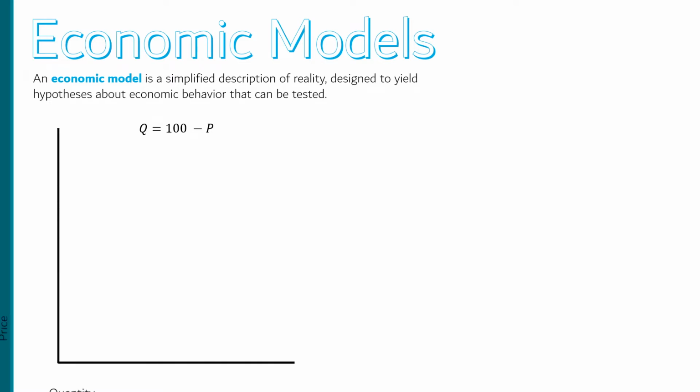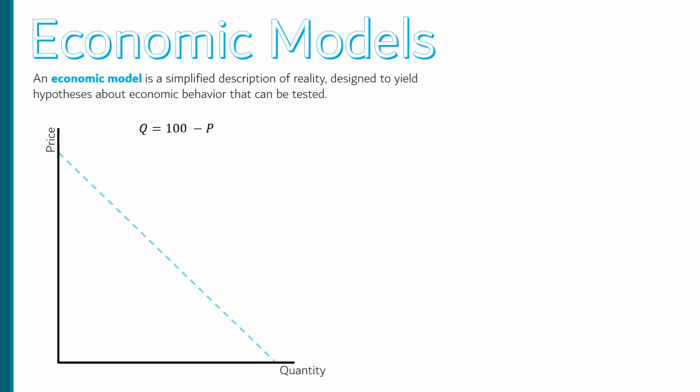We can plot this model on a graph, with each of the two variables represented by one of the axes on the graph. Here I have price on the vertical axis and quantity on the horizontal one. My model translates to this line on the graph. At every point on this line, the equation is true.